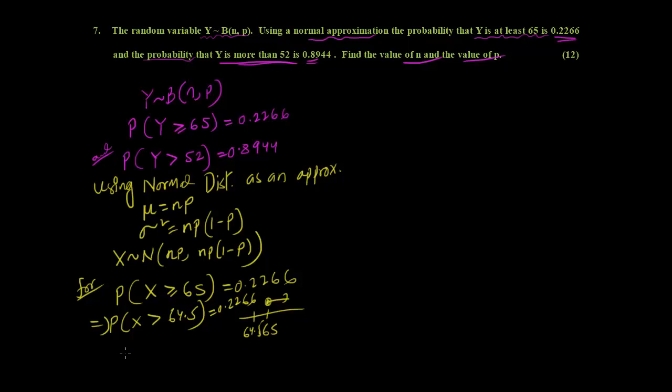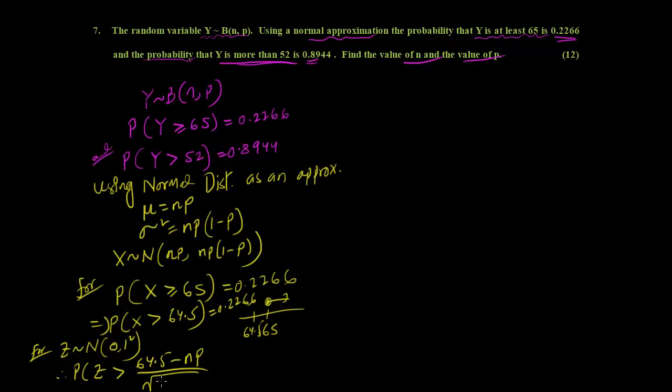Now the next thing to do would be the z-score. Remember, when we do normal distribution, we have to convert the regular normal distribution to the standard normal distribution. So for z normally distributed with mean 0 and variance 1 squared, we can write the probability of z, instead of x, greater than 64.5 minus the mean, which is np, divided by the standard deviation, which is the square root of np(1 minus p).